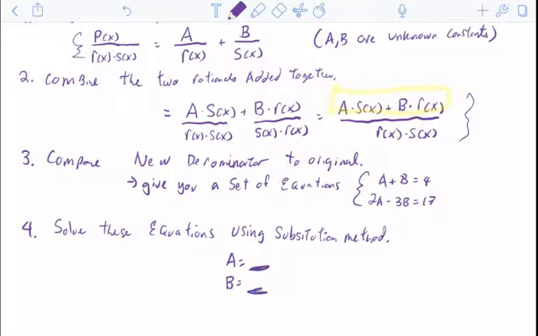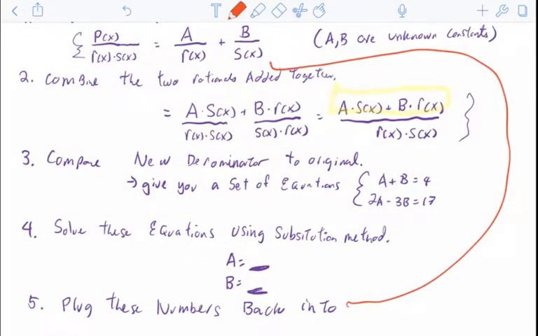And then step 5, plug these numbers back into here. Replace the a and the b with it, and then you're done. Okay.